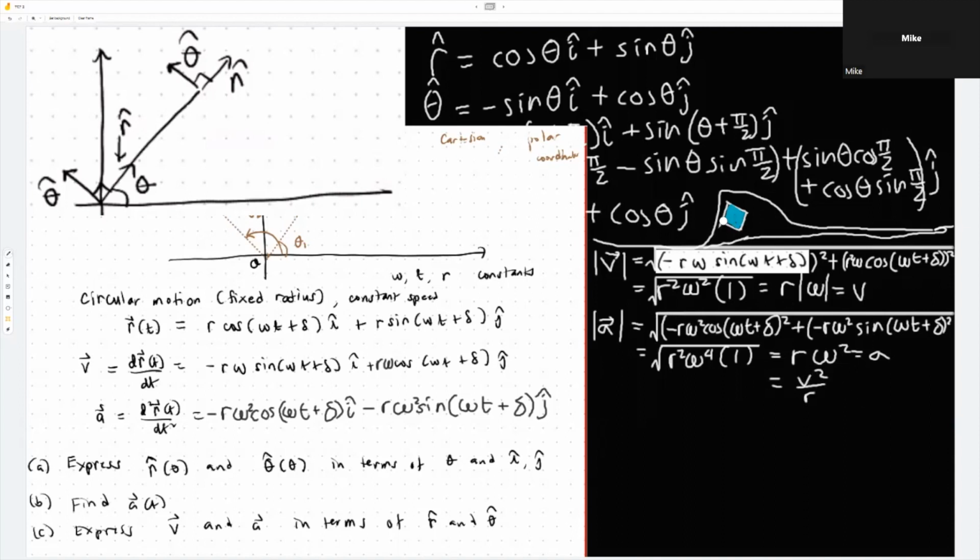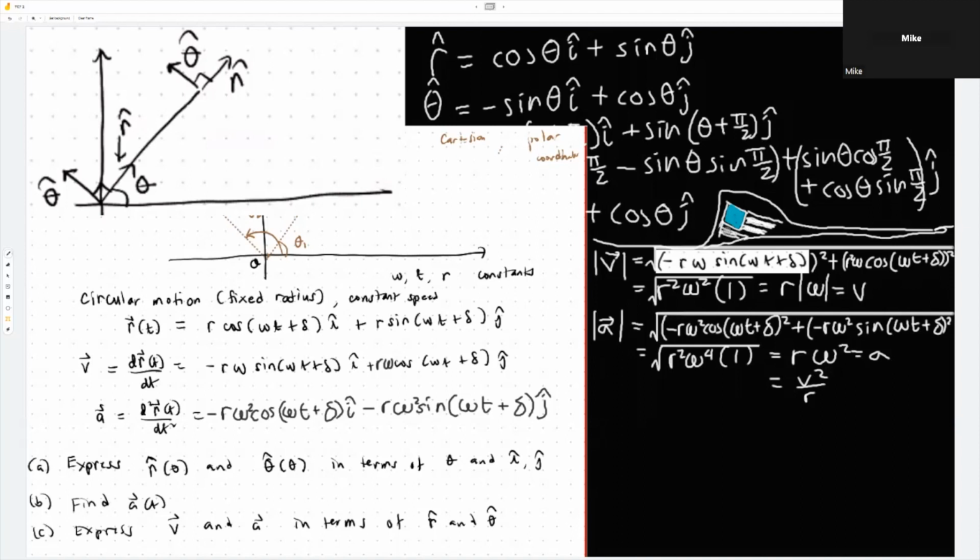So for uniform circular motion, with constant speed, the acceleration here is V squared over R. Sometimes problems give you the speed and radius, not the omega. So that's another way of calculating the acceleration.